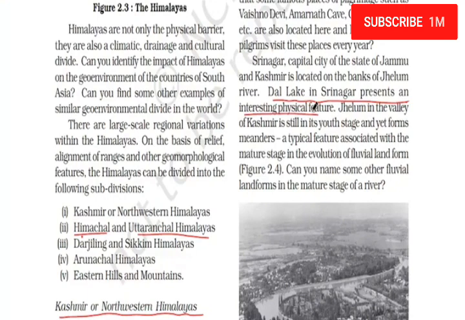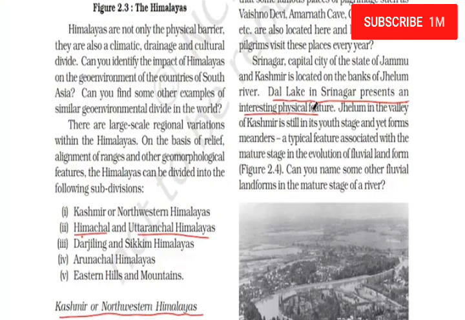I have already told you that youth stage means it will be like this, right? Steep slope. Then the slope, first it will be like this, then it reduces, correct? Youth, mature, old. This is how it varies. Unfortunately, Jhelum river usually is present like this. The river enters. Immediately after this, you have valley.